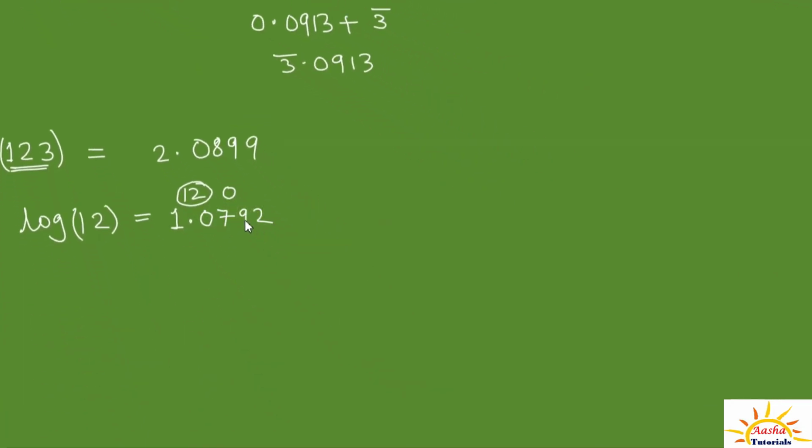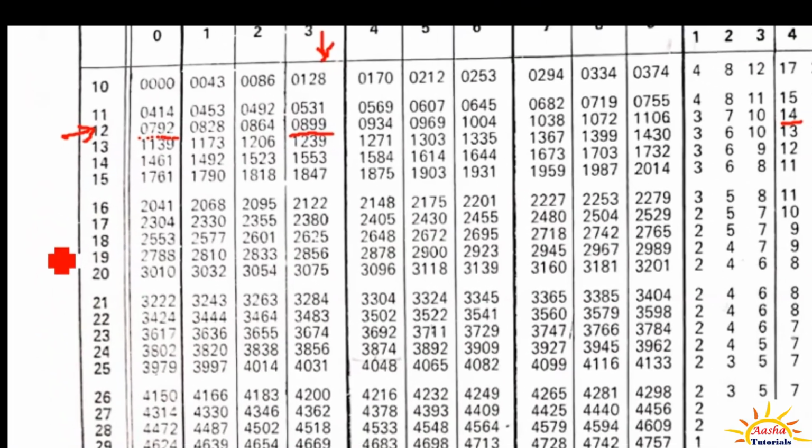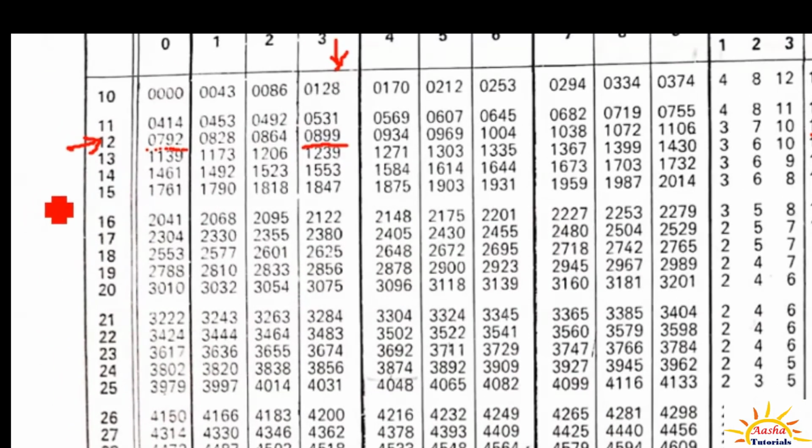If we suppose this number is only 1, what is the log of 1? Now here in the log table, you see in the first column that the log starts from the number 10. There is no 1. So while finding the log, if the number is a single-digit number, consider the next number to that, that is 00.